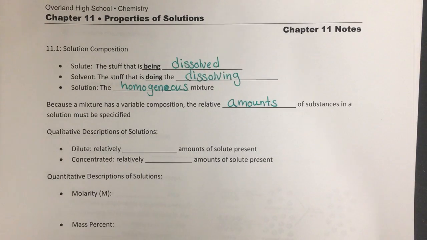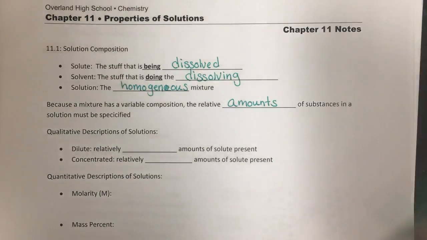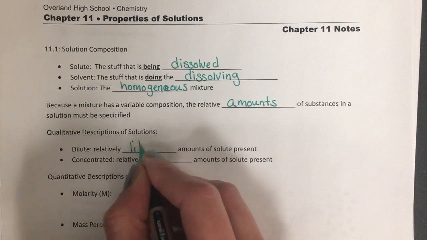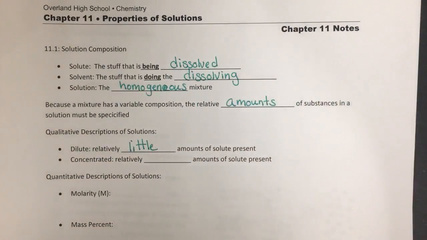Now we can talk about these two different ways. The first way is qualitatively. If I'm talking about a solution qualitatively, I'm going to use the words dilute or concentrated. If I say that a solution is dilute, there's relatively little solute in my solution. It's mostly solvent, so I dissolve just a little bit of stuff in there.